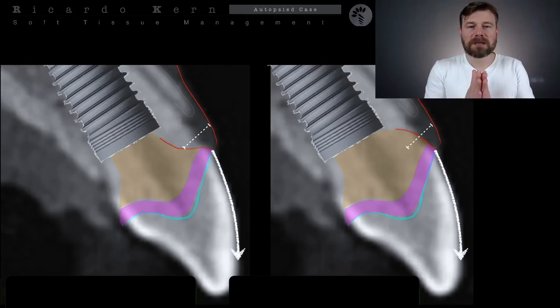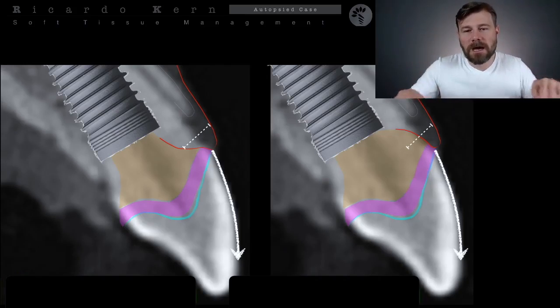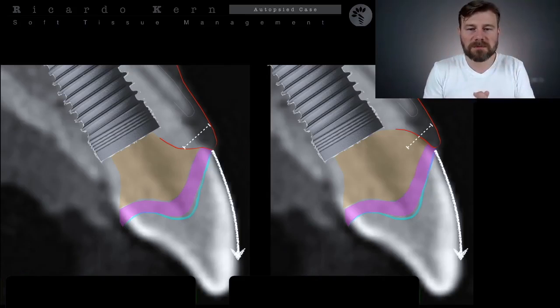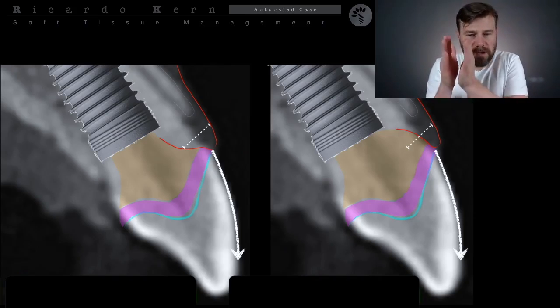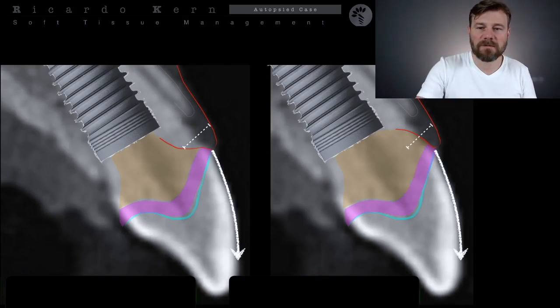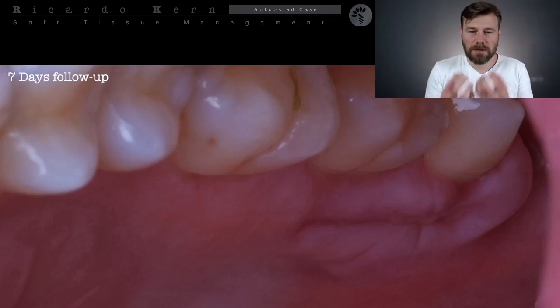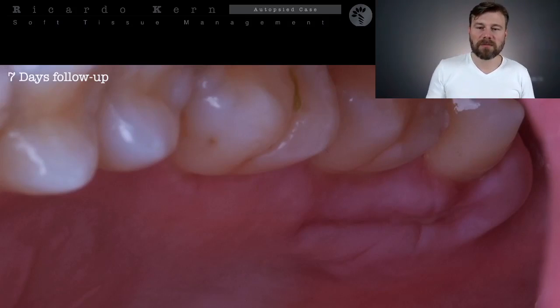This is a completely new story. We can talk a lot about this subject; it's another 1 hour talk that we're going to do at the proper moment. But every time we can, we're going to shape a concave emergence profile, letting the tissue be shaped and mature in place.